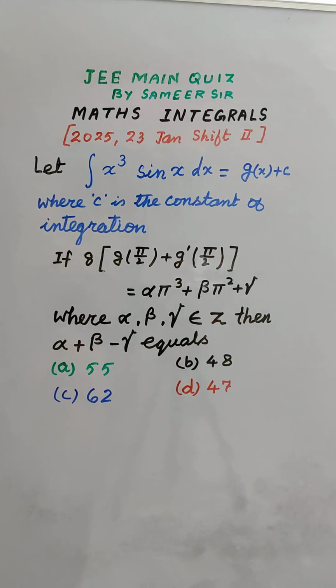If 8 within bracket g(pi/2) plus g'(pi/2) is equal to alpha pi cube plus beta pi square plus gamma, where alpha, beta and gamma are elements of Z, then alpha plus beta minus gamma is equal to: option A 55, option B 48, option C 62, option D 47.